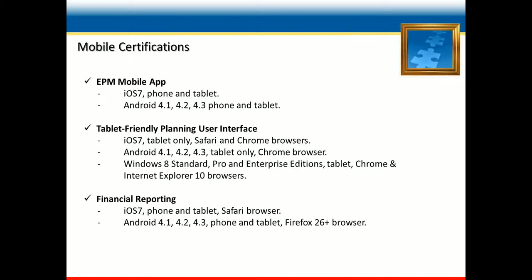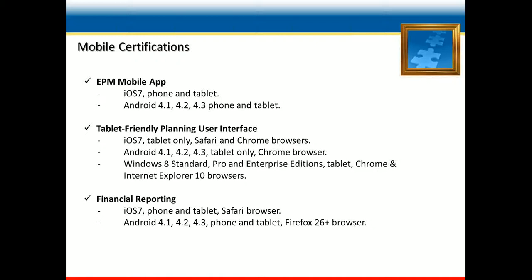For planning, there is a tablet-friendly user interface in this release. On tablet it supports iOS 7 with Safari and Chrome browsers, and for Android it is currently supported only on tablet with the Chrome browser.